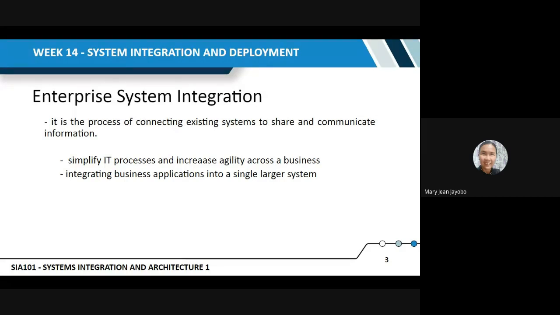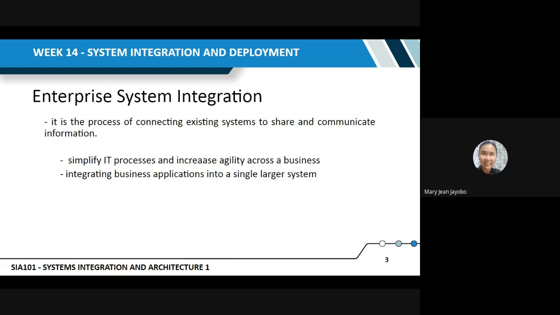And in enterprise integration, we are using IT-enabled systems to integrate business applications into a single larger system. For example, the San Miguel Corporation system.